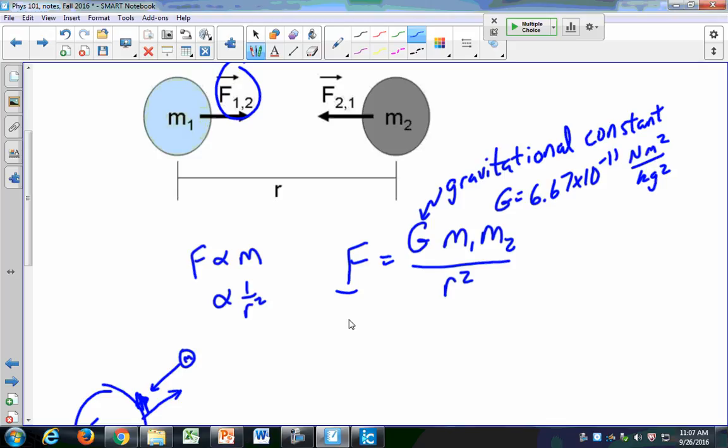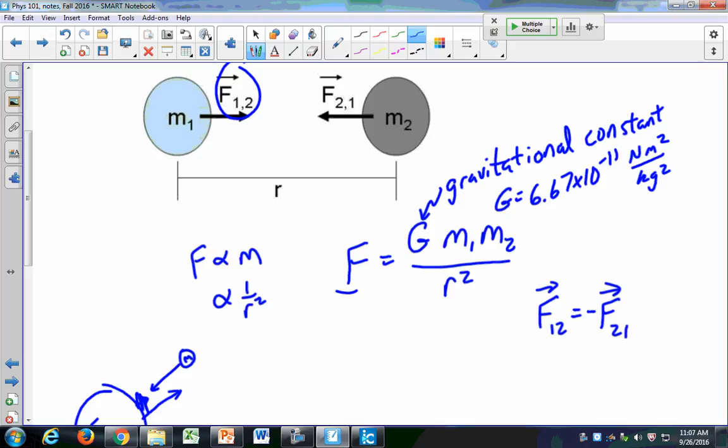That is, F12 is equal to F21, or the magnitudes are the same. They're actually equal to the negative of one another, because one points in one direction and another points in another direction. Okay? Y'all clear on what I mean by that?